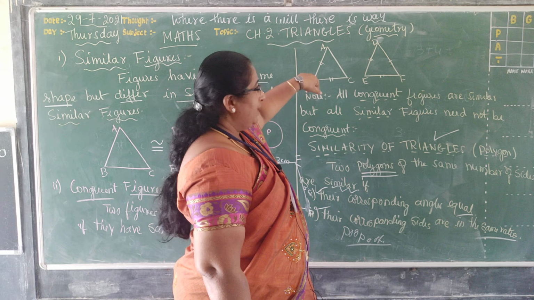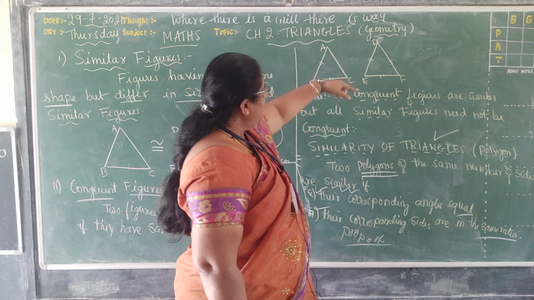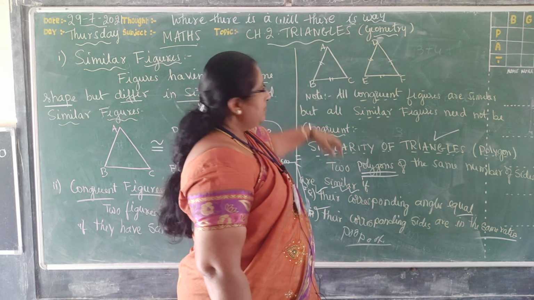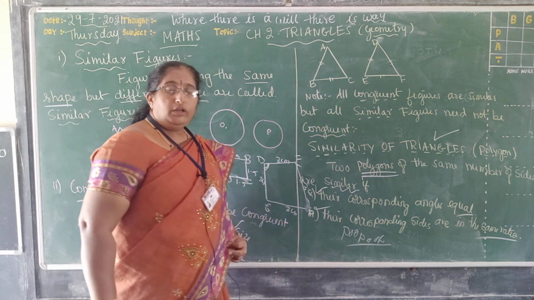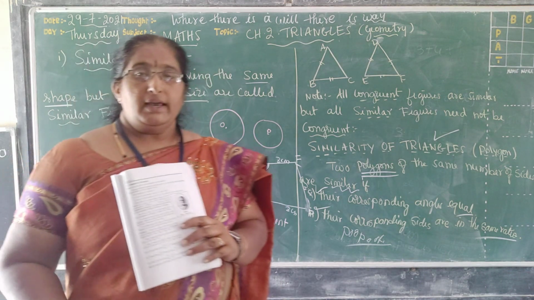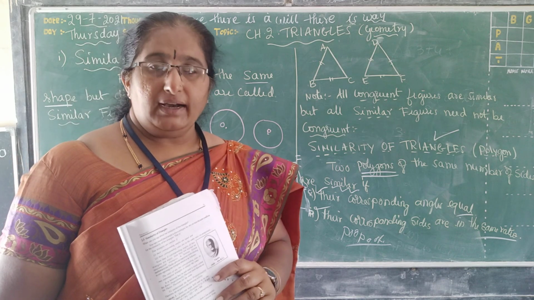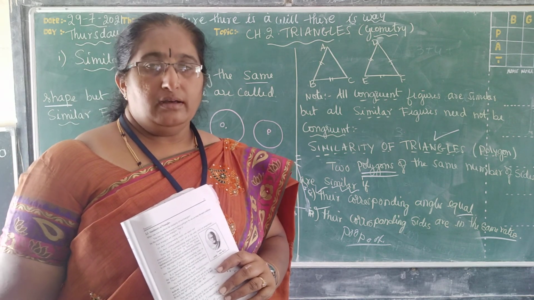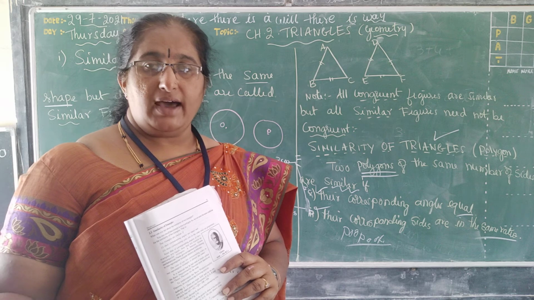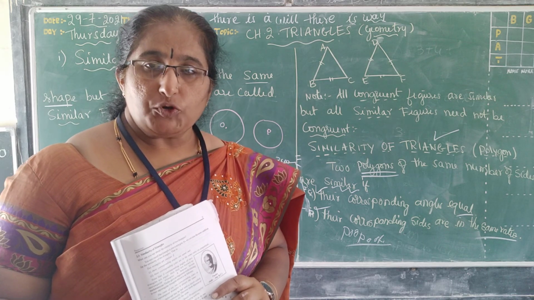AB by DE must be equal to AC by DF, must be equal to BC by EF. Then only you can say two polygons can be similar if and only if their angles are equal and their corresponding sides are in a proper proportion.